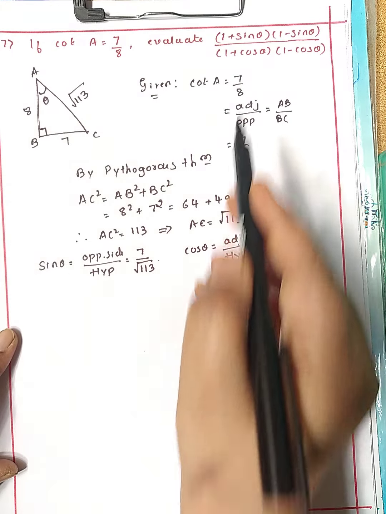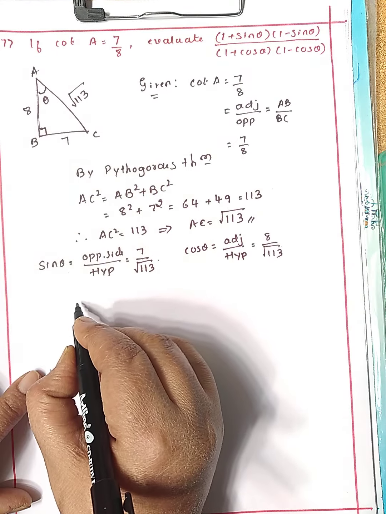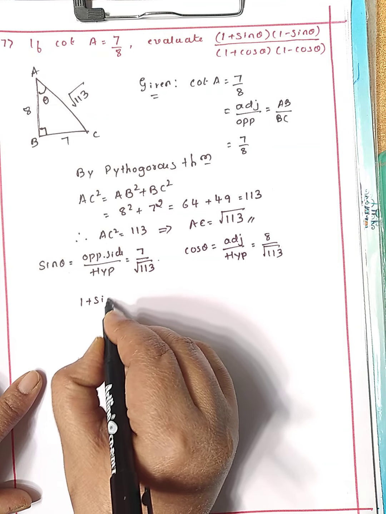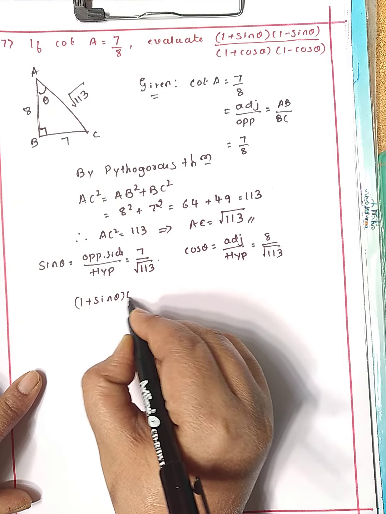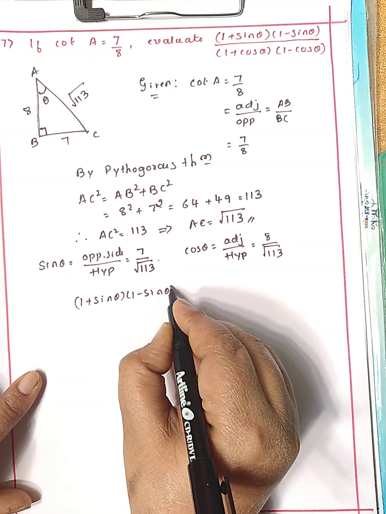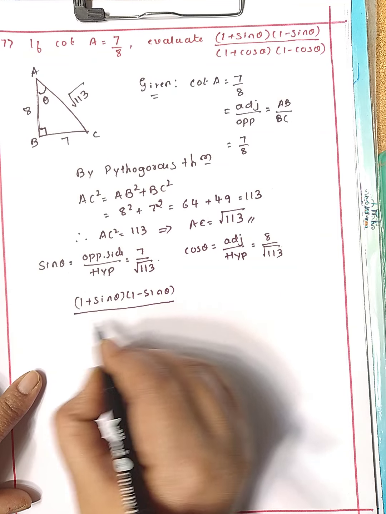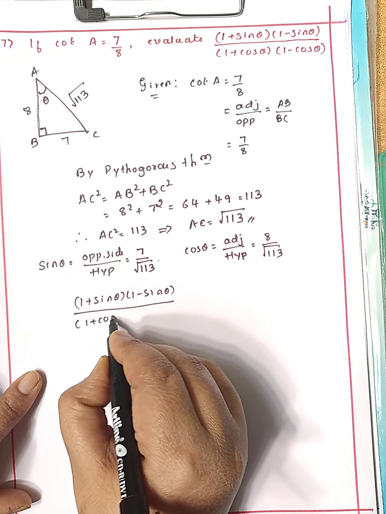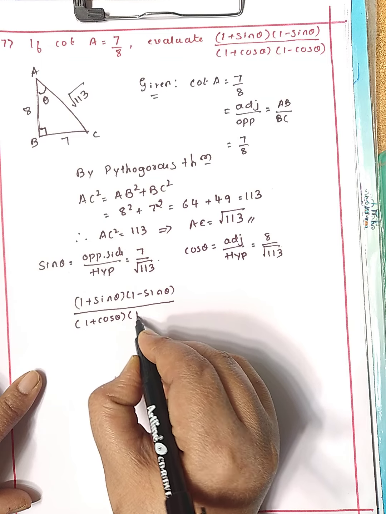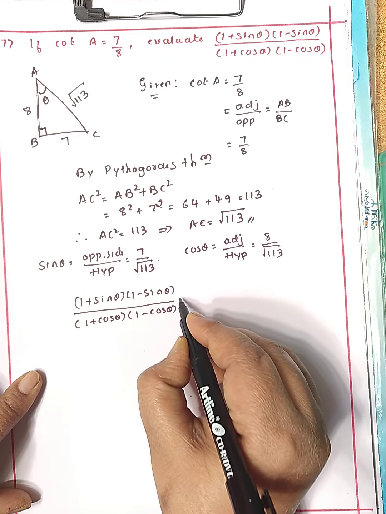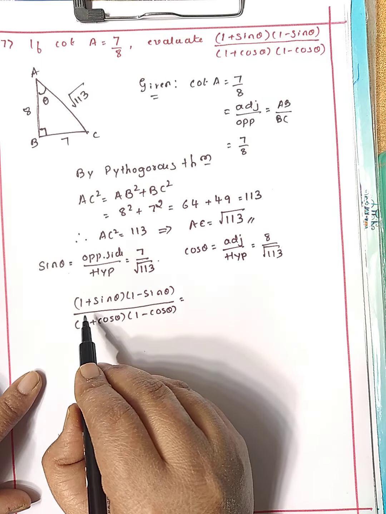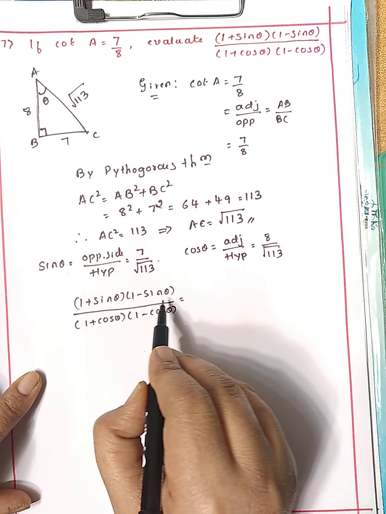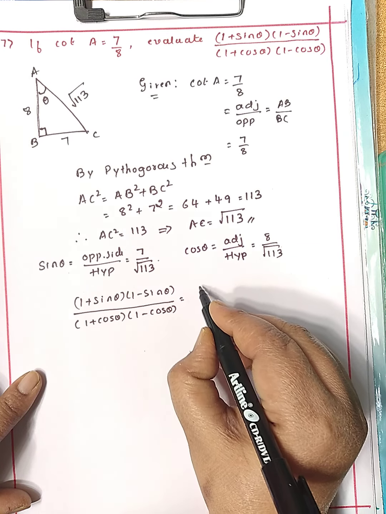Now we will substitute in the expression: (1 plus sin theta) into (1 minus sin theta) whole divided by (1 plus cos theta) into (1 minus cos theta). So what does it become?